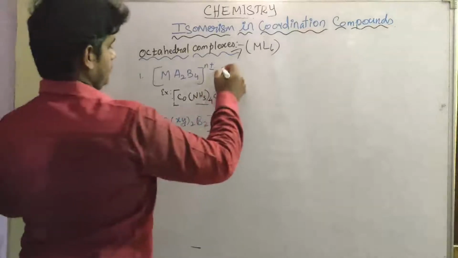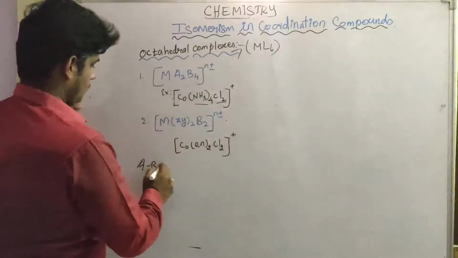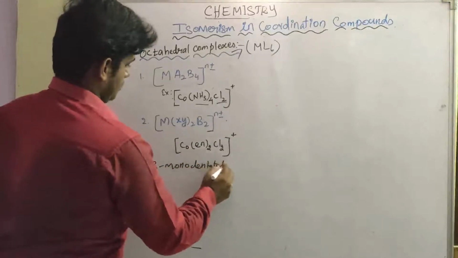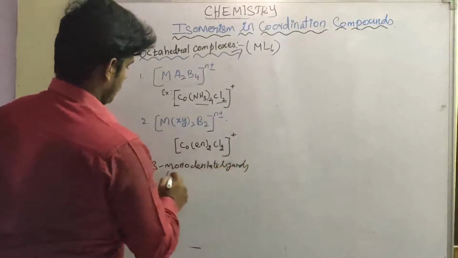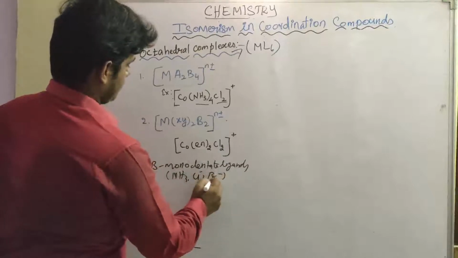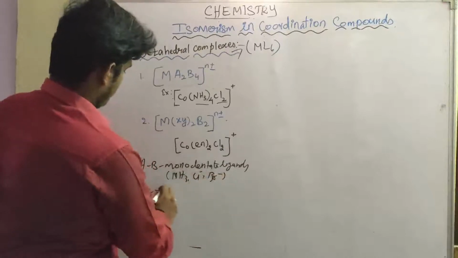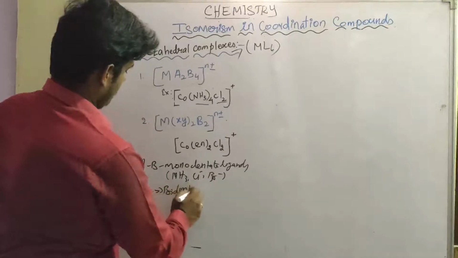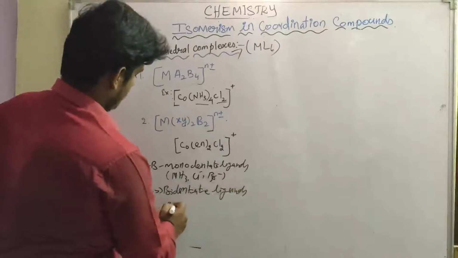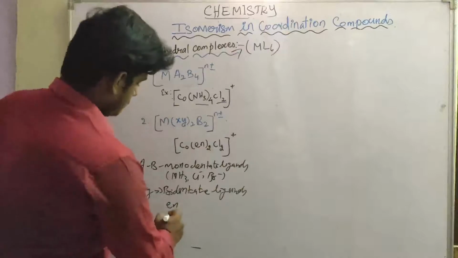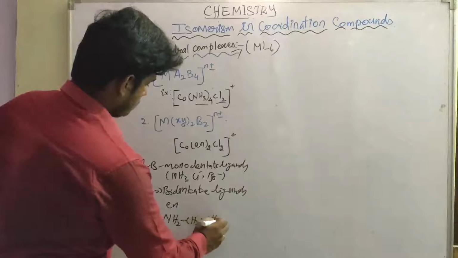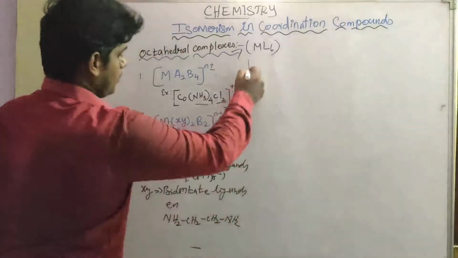Monodentate ligands, for example, are amine, chlorido, bromo, etc. And the XY is called a bidentate ligand. For example, en, ethylenediamine, which is NH2, CH2, CH2, NH2.